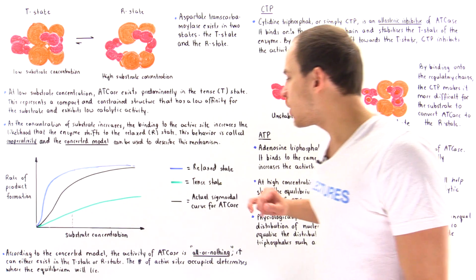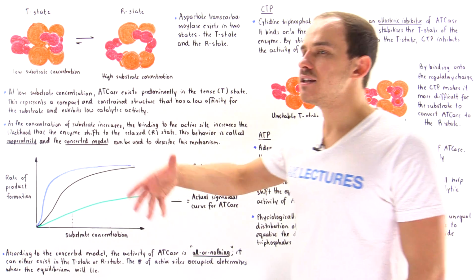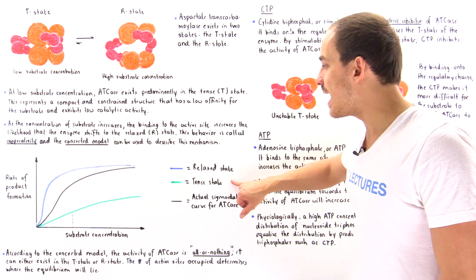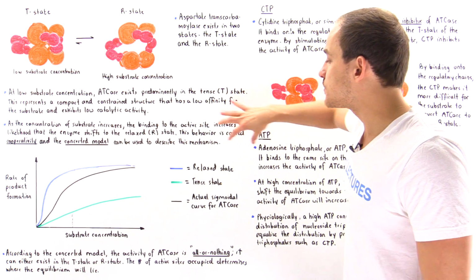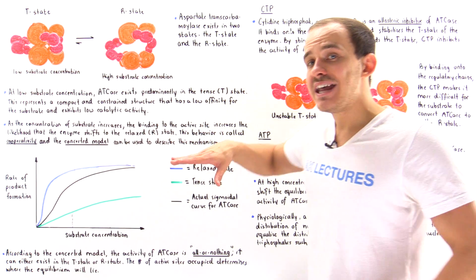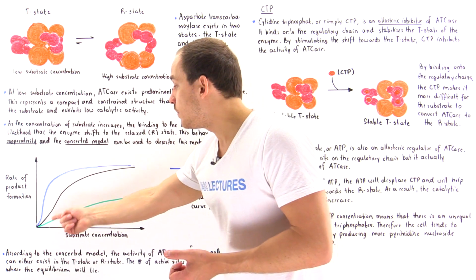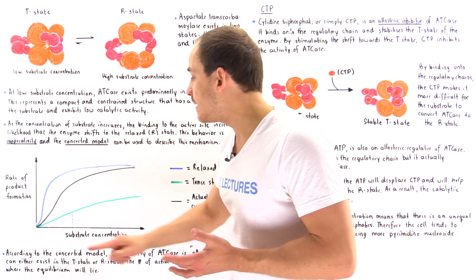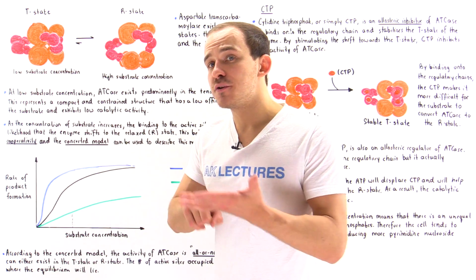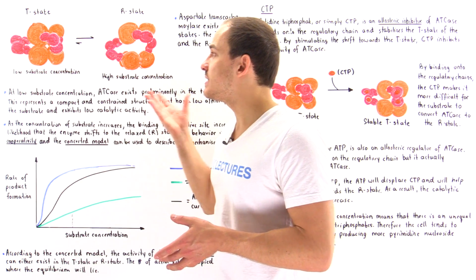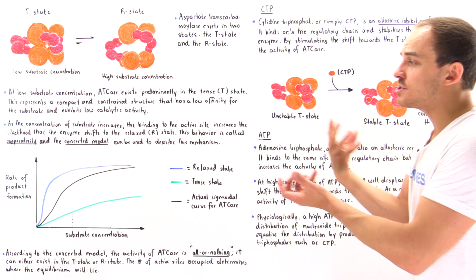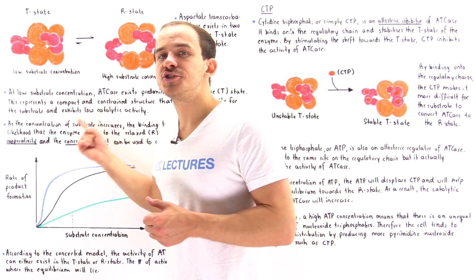So the green curve describes the Michaelis-Menten curve for the tense state, the blue curve describes it for the relaxed state, and if we combine these two curves, we obtain the actual black curve that describes the S-shaped, the sigmoidal curve for this allosteric enzyme. And this is what we know as the concerted model.